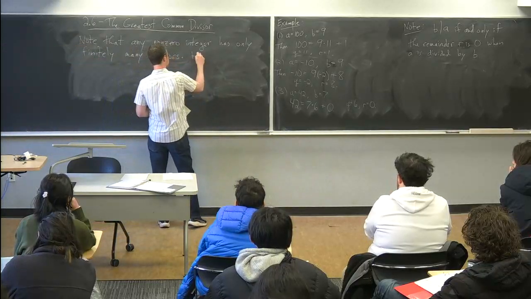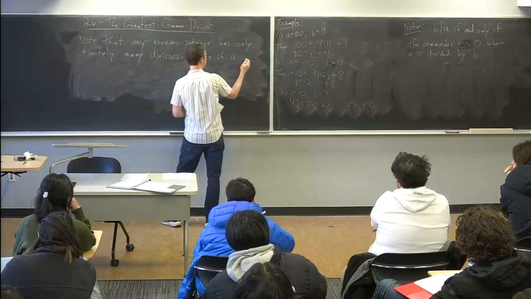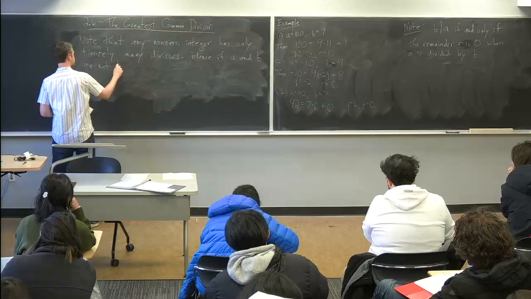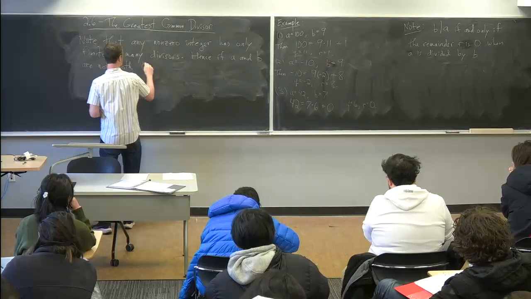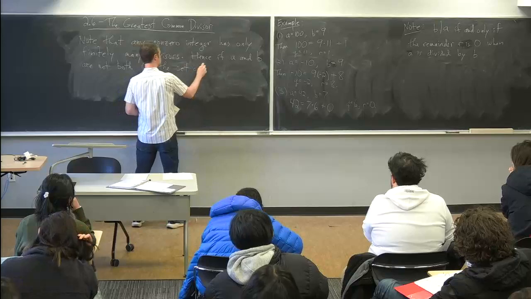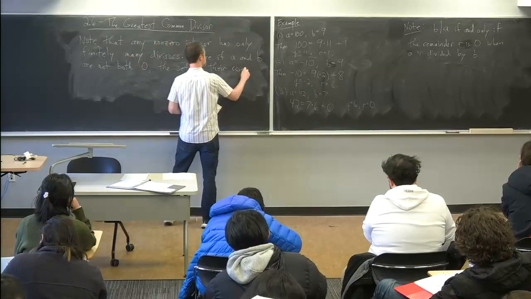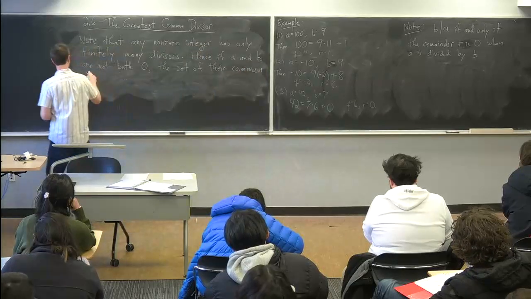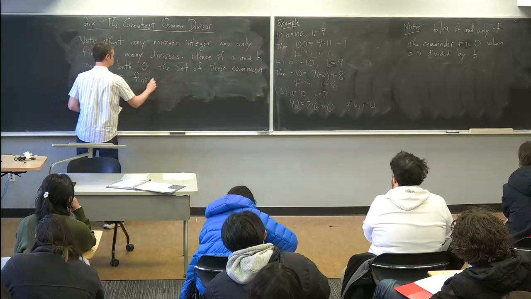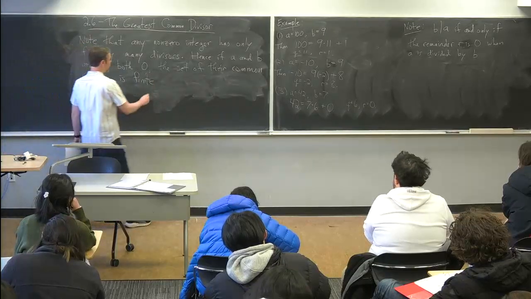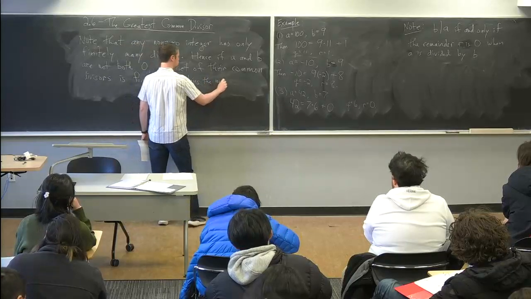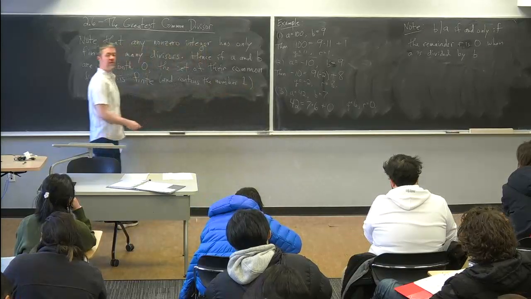Hence, if two integers, a and b, are not both 0, the set of their common divisors is finite, and it contains the number 1, because 1 divides everything.